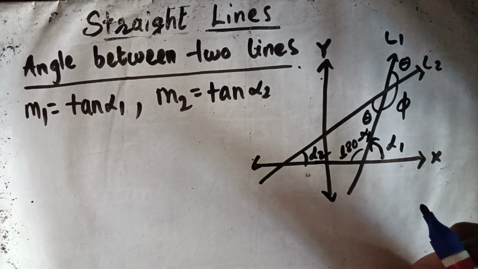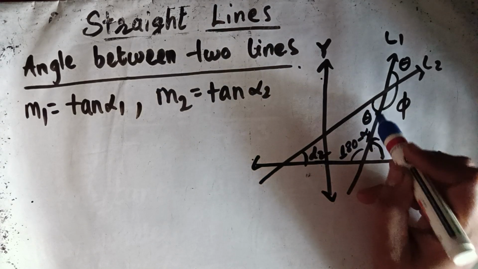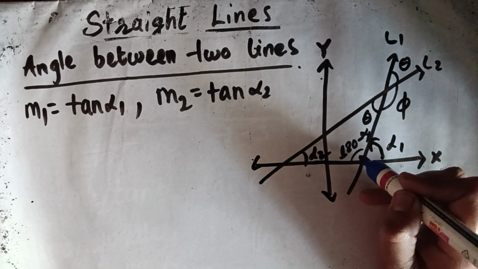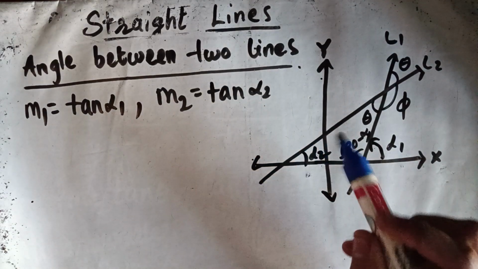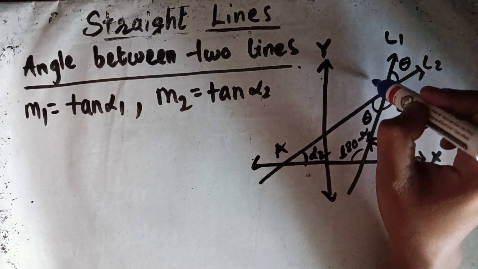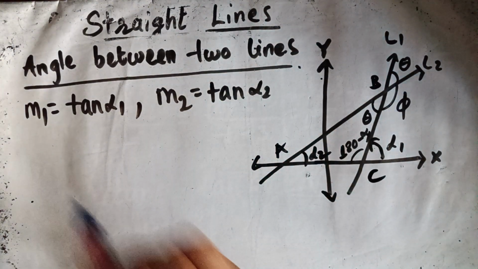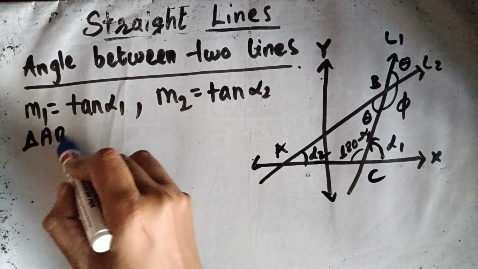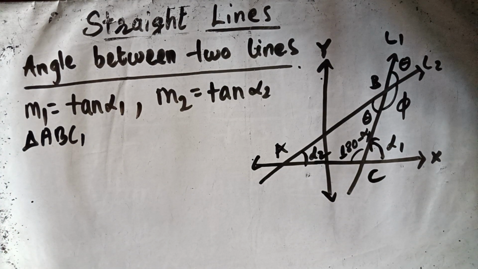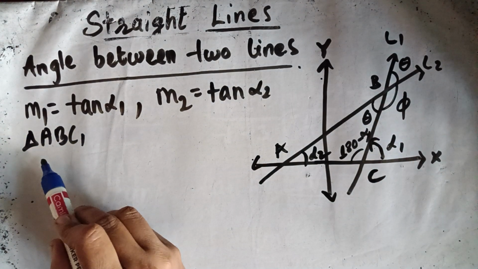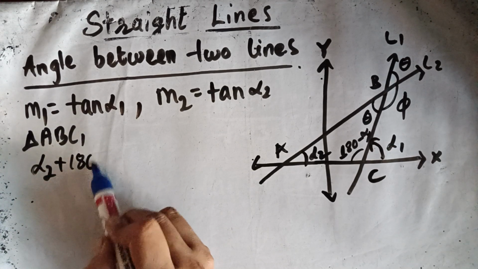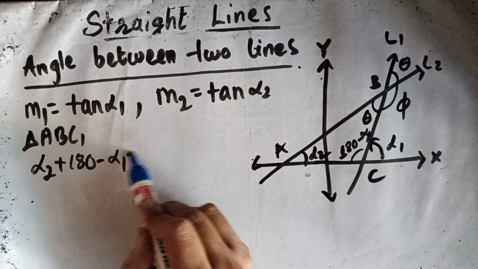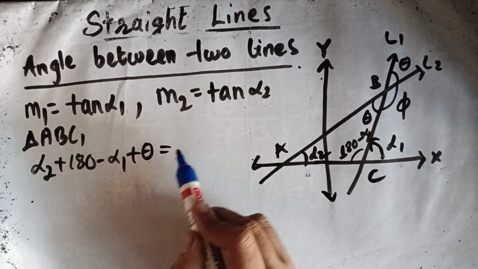So if you add these three angles, the sum is 180, right? Using angle sum property. I'll take points as A, B, and C. So in triangle ABC, I'm making use of the angle sum property. So this is alpha 2 plus 180 minus alpha 1 plus theta equal to 180.